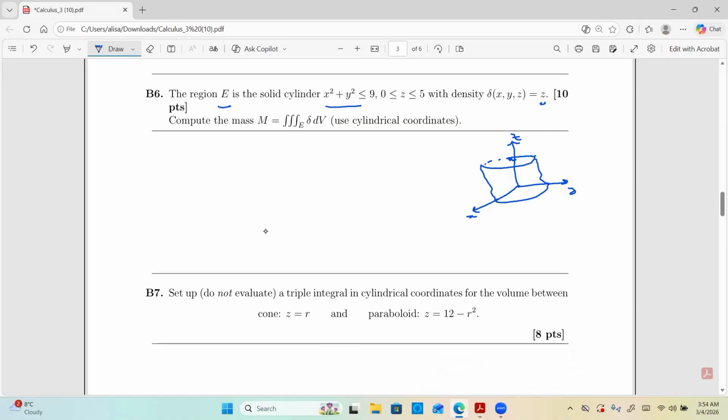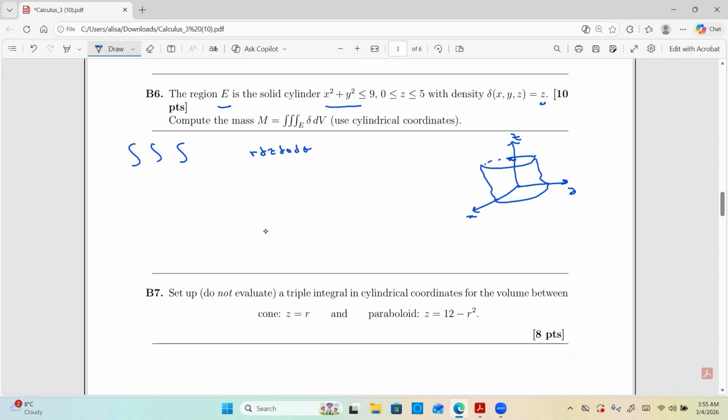So let's see how the triple integral will be. In cylindrical, it's always worth trying a z-simple region first. In other words, beginning with dz and then applying polar on the xy plane, so dr d theta.